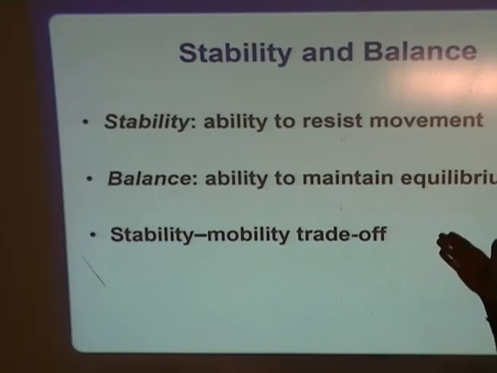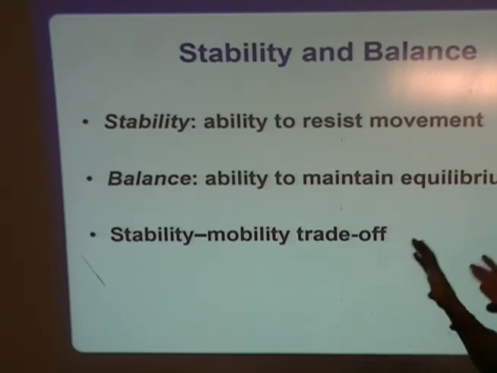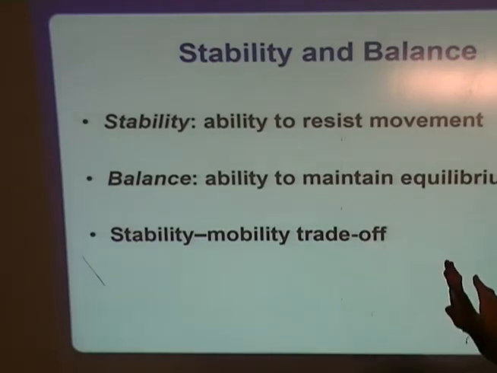So I want to be as stable as I can so that I can resist them pushing me, right? And balance is the ability to maintain my equilibrium, right? So they're slightly different from a mechanics point of view.